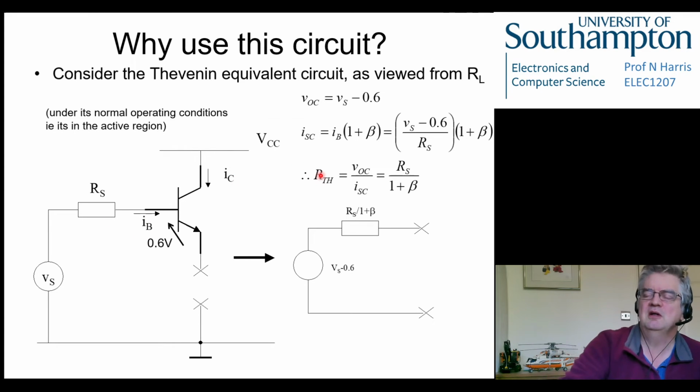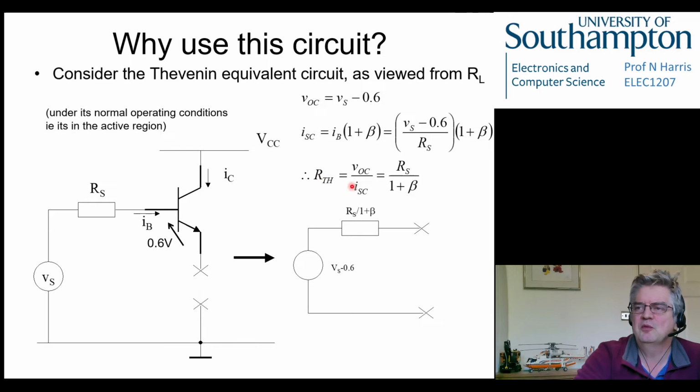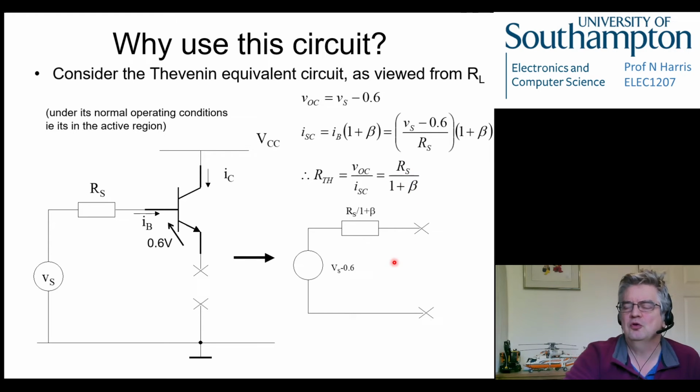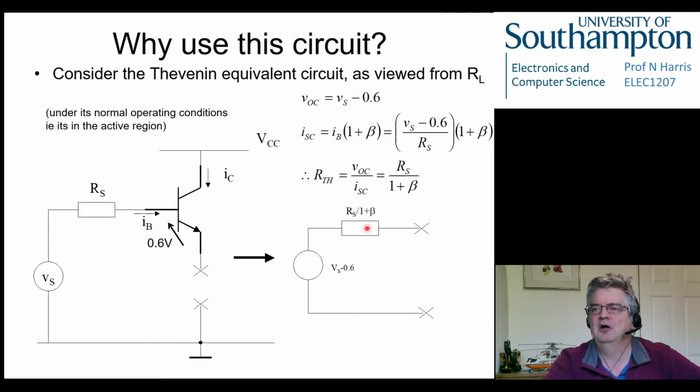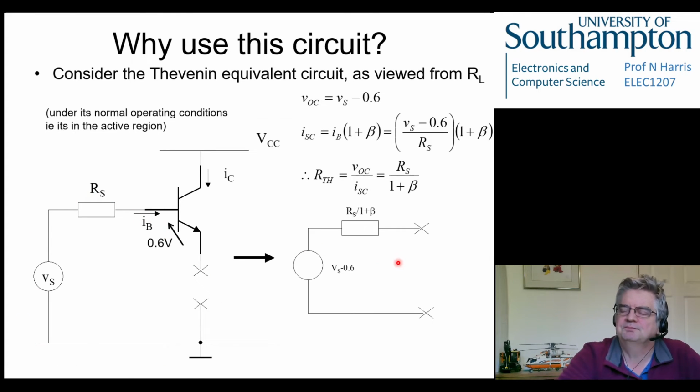And so the equivalent resistance then will be open circuit voltage over short circuit current, which if you put these two together, fortunately for us, these nasty coefficients will cancel out, and we end up with RS over (1 plus beta). So RS over (1 plus beta) here, Vs minus 0.6 here is the Thevenin equivalent of looking at this if we were a signal. Now what does that mean?